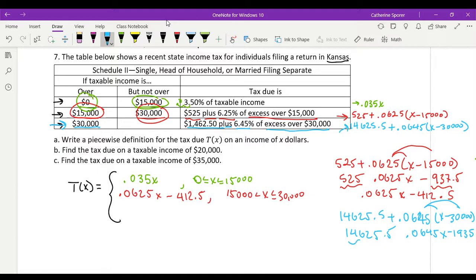And then we'd combine these two terms to get the equation 0.0645x minus 472.5. And that's when x is above 30,000. Okay, and we just get that by combining these two numbers to get that last equation.